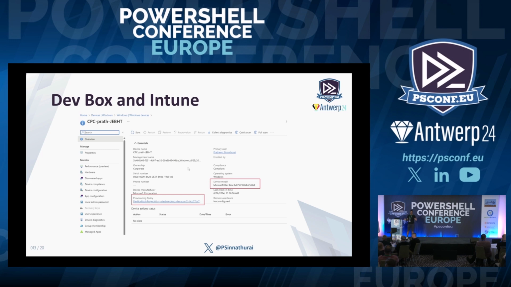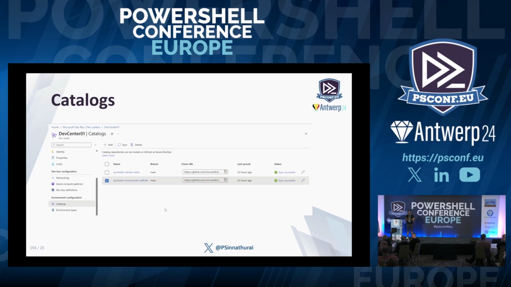DevBox loves Intune. Once you have created your DevBox, you will see that the machine is available in Intune, and it has a different device model type. That means I can associate specific configurations and applications to that specific device model type. To give it more flexibility, I can create catalogs inside the Dev Center.